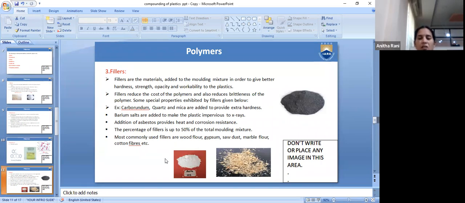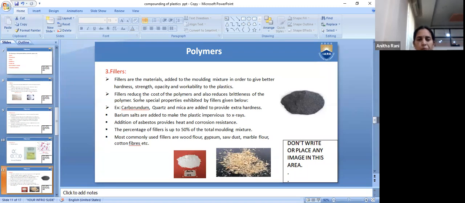To increase the hardness of the polymer resin, we add fillers, and also to increase the strength, opacity, which means it won't be transparent, and workability of the plastic, which means we get a good finished product. Remember the main reasons for adding fillers: better hardness, then strength, opacity, a good finish, and workability of the plastics.